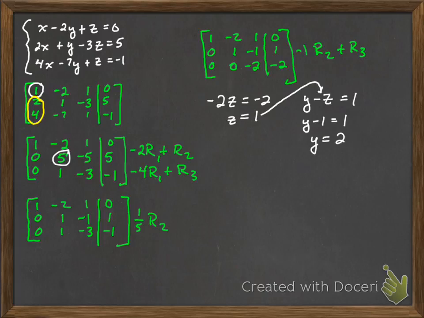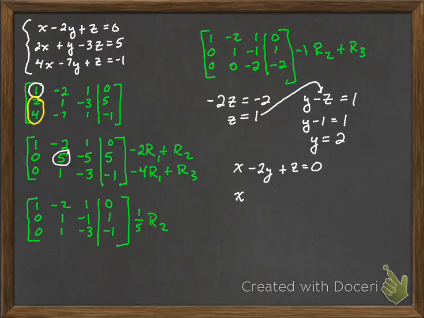And then we can use our top row to write another equation, which would be 1x minus 2y plus z equals 0. And we know what z is, and we know what y is.